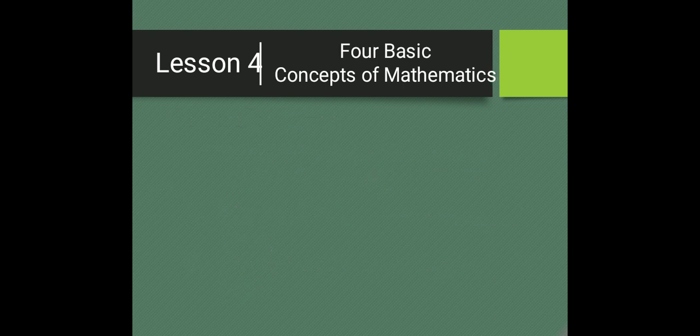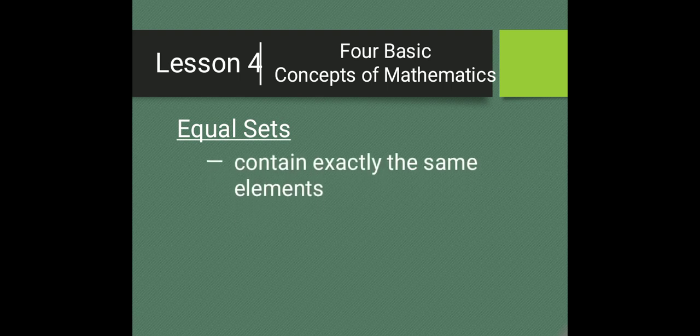Okay, so let's move. Okay, in sets, we also have the so-called equal sets. Okay, what are equal sets? Okay, two sets are considered to be equal if they contain exactly the same elements.